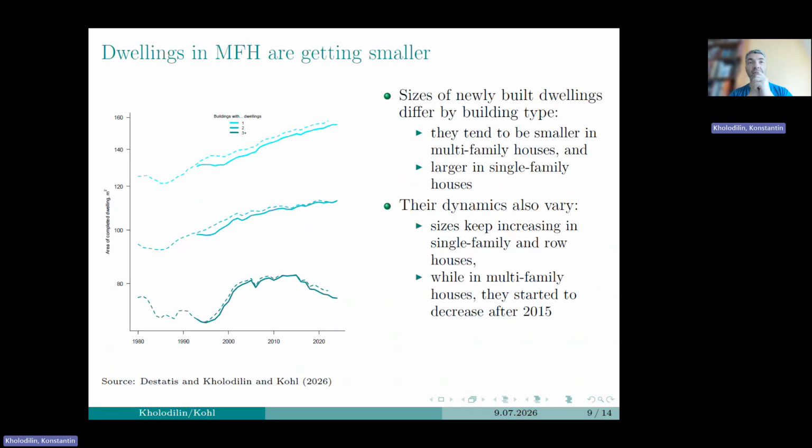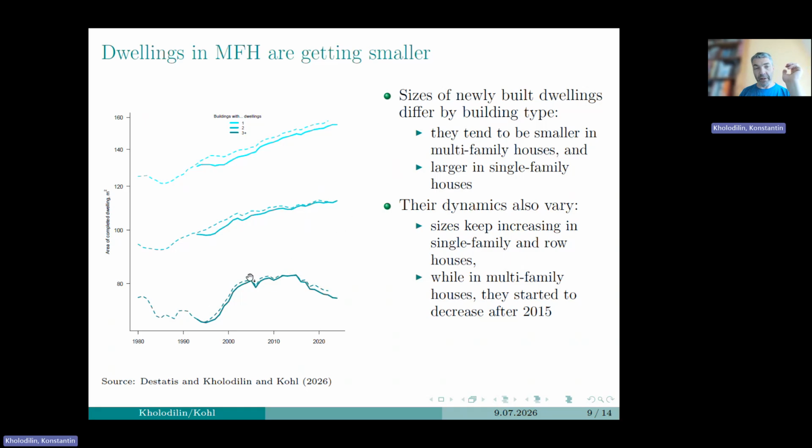Now, what are these small dwellings? What kinds of buildings contain these small dwellings? So what we see here is the average size of dwellings by building type. Here we have single-family houses, here we have two-family houses, or detached, semi-detached houses, and here we have multi-family houses.